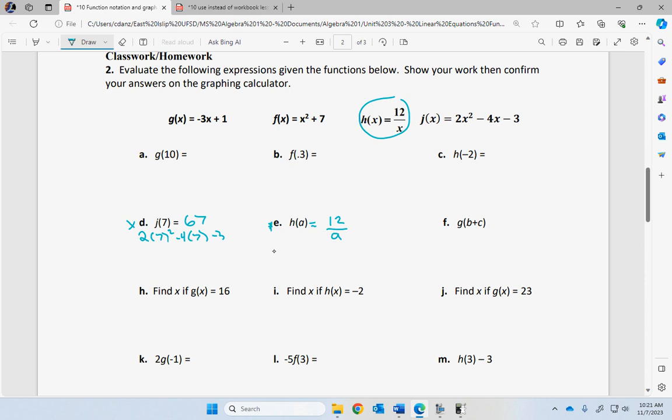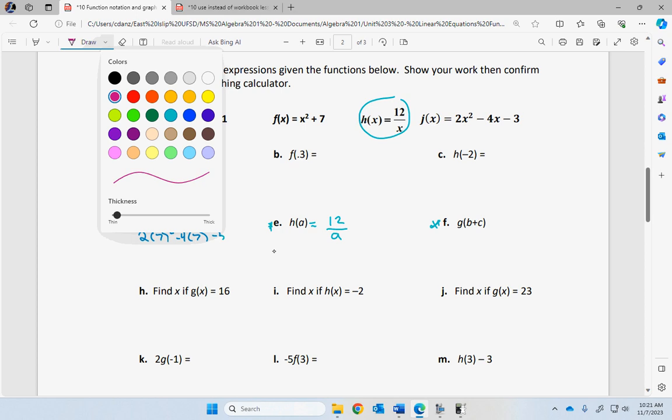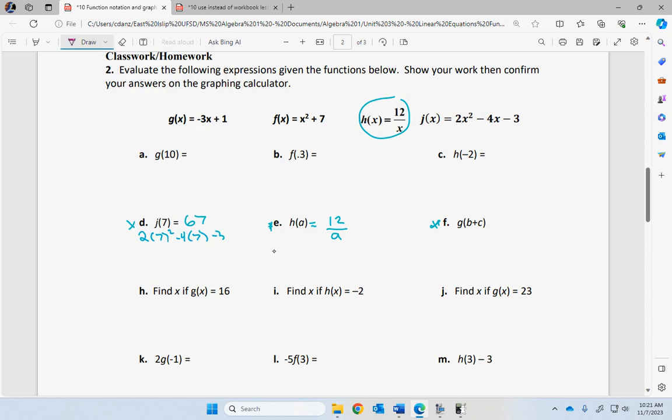Let's take a look at F, because now I want to use function G. With function G, I want to plug in this whole thing, this B plus C. B plus C goes in place of x. I am going to use my parentheses.